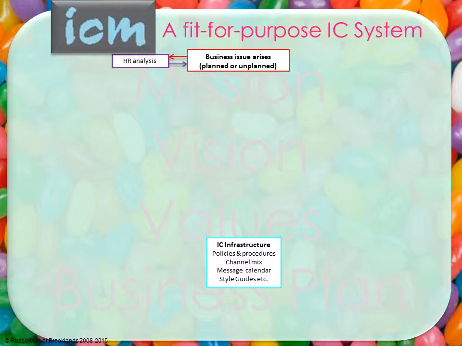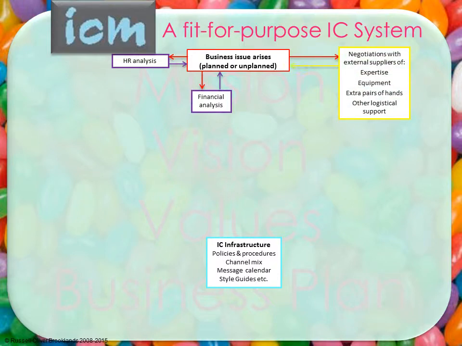Are there enough people with the right skills to handle it? And money. How much is it going to cost to deal with the problem or capitalize on the opportunity? And it may mean going outside to find other expertise, hardware, or simply more pairs of hands to deliver whatever's needed. This initial work may take months if it's part of the business planning process, or in the case of an emergency, could happen in a matter of an hour or two.